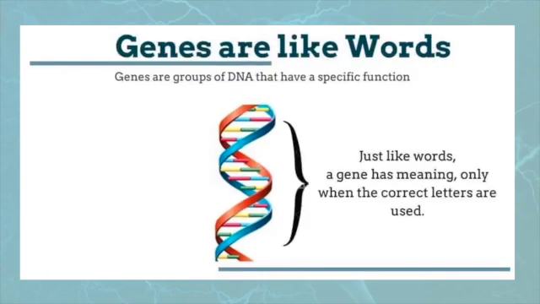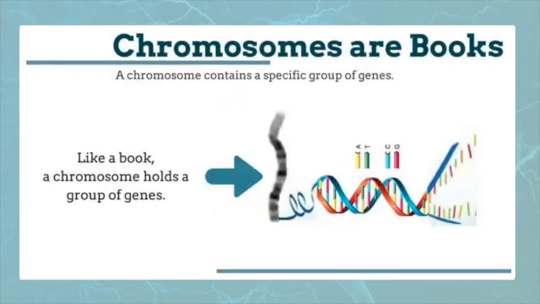The words of this language, or genes, are formed by the sequence that the steps of the ladder, or DNA, are arranged in. For example, a gene made up of the letters A, T, T, T, T, G might instruct for blue eyes, while a gene made up of the letters T, T, T, T, T, G might instruct for brown eyes.